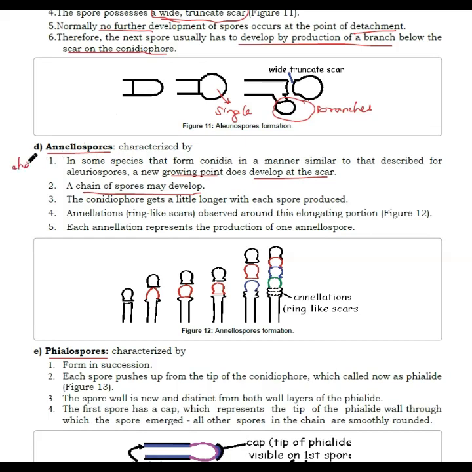Annellospores are known for the chain of spores, and the conidiophore gets a little longer as each spore is formed. Annellations, which are ring-like scars, are observed around this elongating portion. Each ring represents the production of one annellospore, so the number of rings formed equals the number of spores produced in the chain.